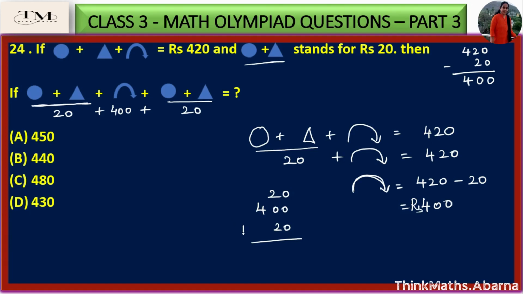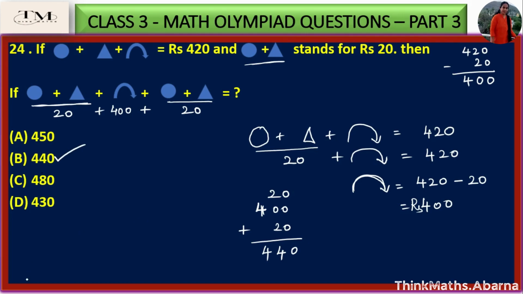We have to add this. 0 plus 0, 0. 0 plus 0, 0. 2 plus 0 is 2. 2 plus 2 is 4. Here it is only 4. In the other place, if we don't have anything, it is 0. If you add anything with 0, the number will be the same. So it is 440. So option B is our correct choice.